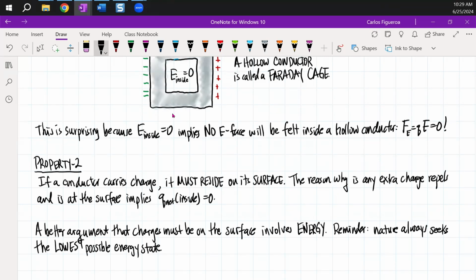And so when I say lowest, I'm talking about the lowest potential energy state. So let's look at several situations.